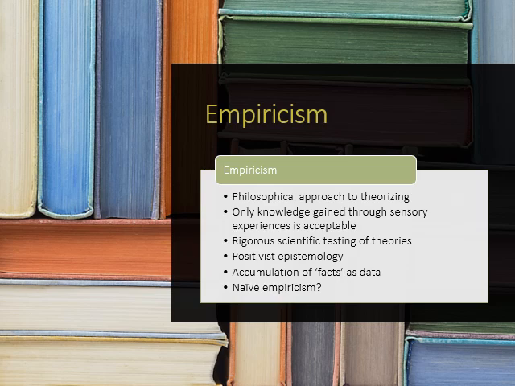So, abstract reasoning without sensory input is not considered a reliable source of knowledge. Empiricism emphasizes the importance of rigorous scientific testing of theories. So, hypotheses must be tested through empirical evidence, through experiments and observations. And this approach is closely linked to the scientific method, where data collection and analysis are used to confirm or refute theories.